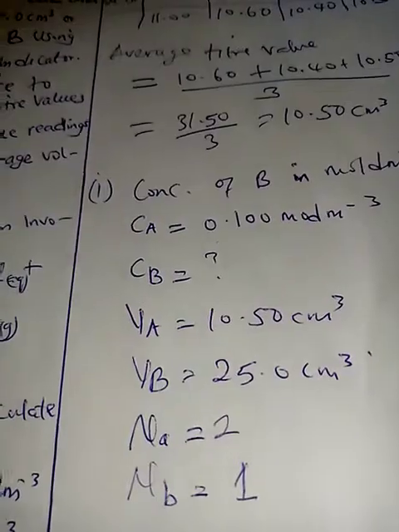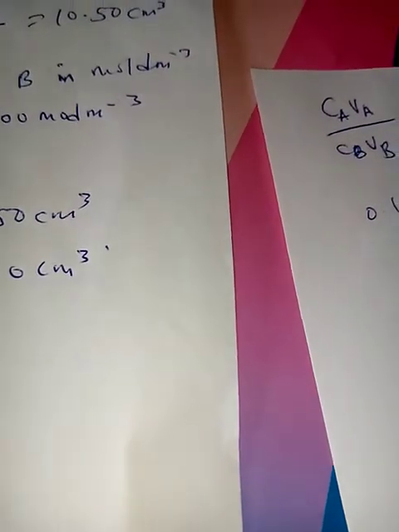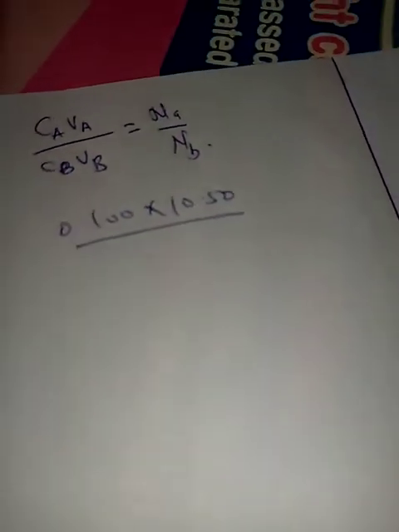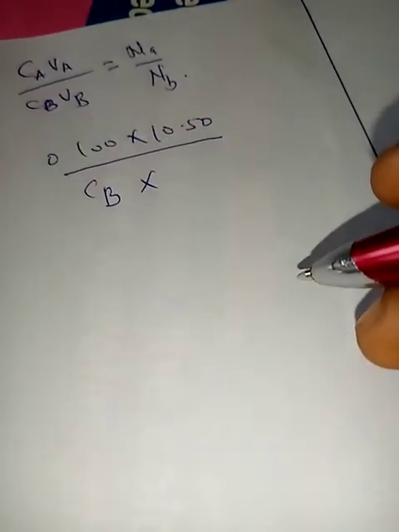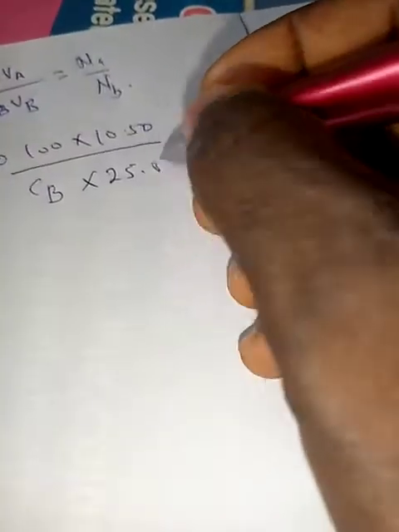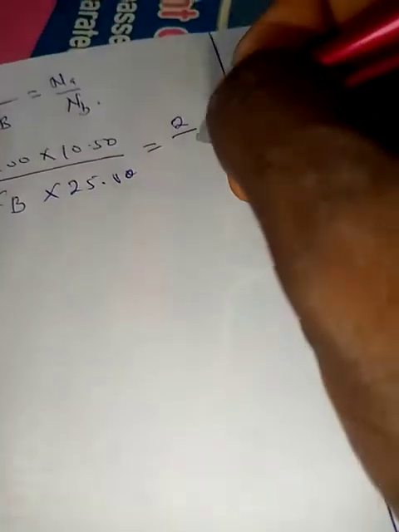From the table that we wrote down, we know that the concentration of acid is 0.100, times the volume of acid used, which was the average titre value, 10.50, divided by the concentration of base Cb times the volume of base, which is 25.0, equal to the mole ratio: the acid is 2 and the base is what? 1.